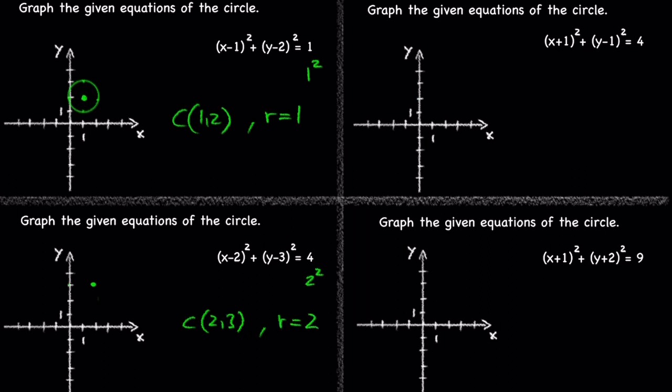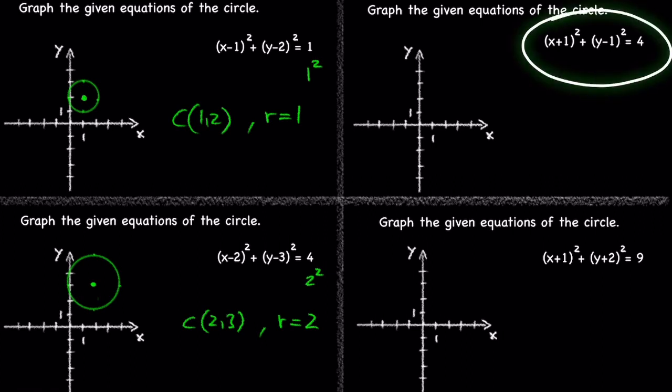Let's put 4 points around the center of the circle to draw the circle. 1, 2, 1, 2, 1, 2, 1, 2. So this circle is the graph of the equation (x minus 2) squared plus (y minus 3) squared equals 4.